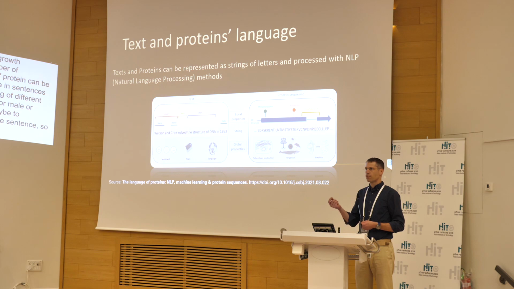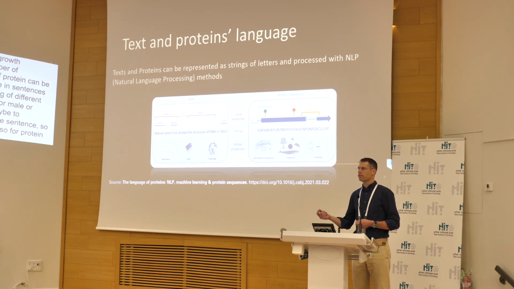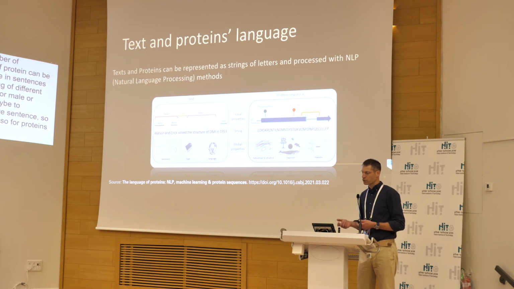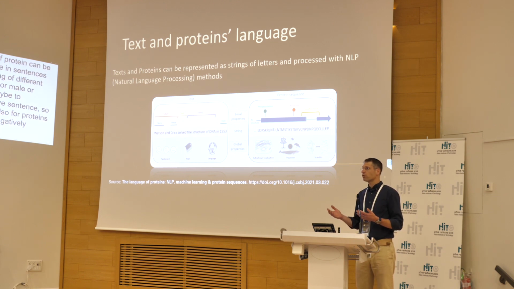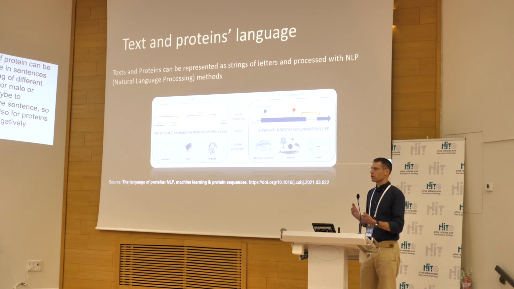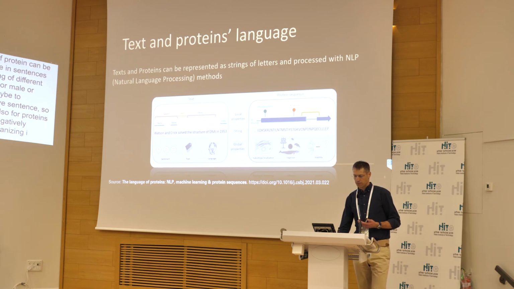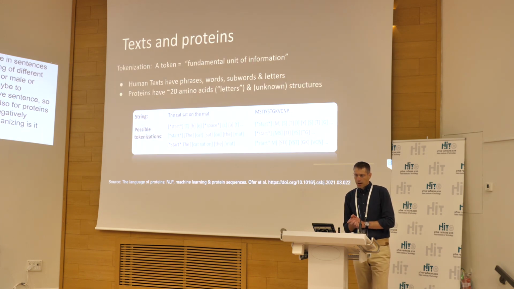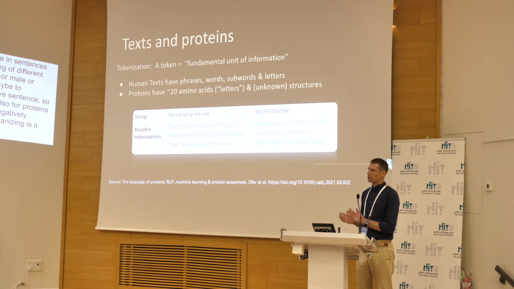I can ask for an individual amino acid whether it's positively or negatively charged, or what the amount of charge is, or whether it has a phosphorylation site. But a protein can also have global annotation. What is the subcellular location of this protein? What organism is it coming from, or what is the stability of the protein?